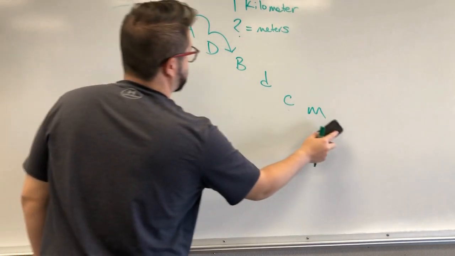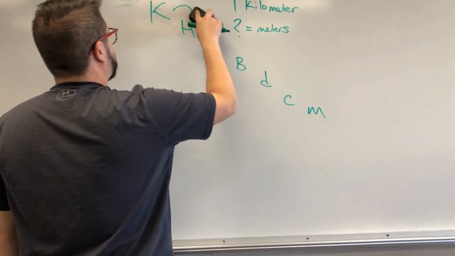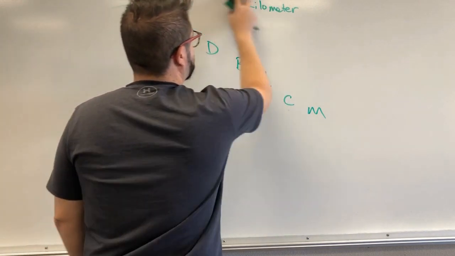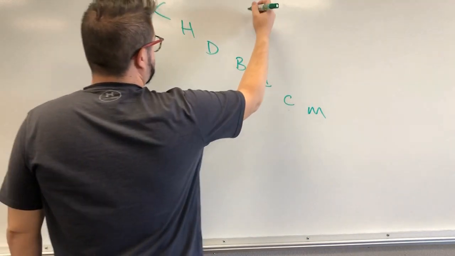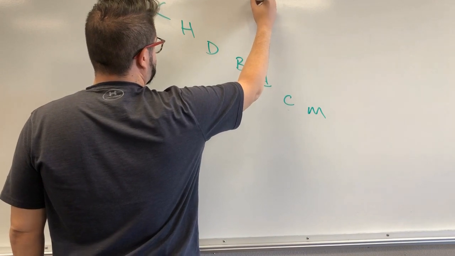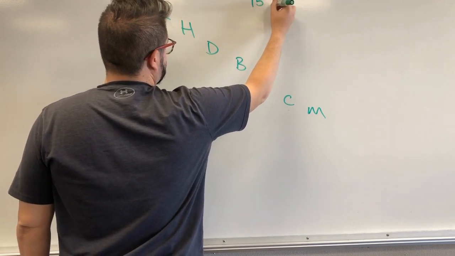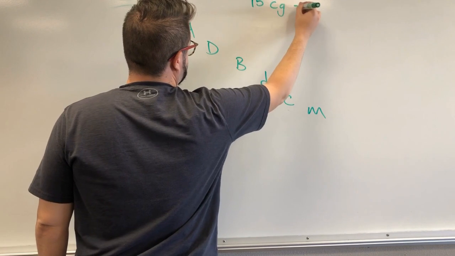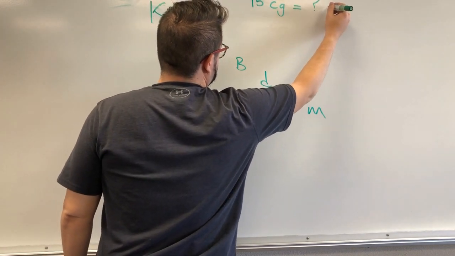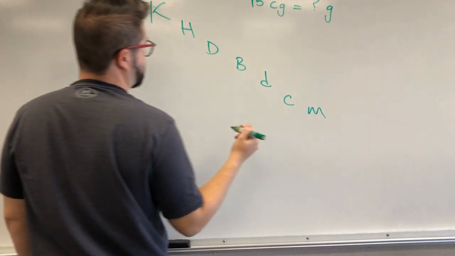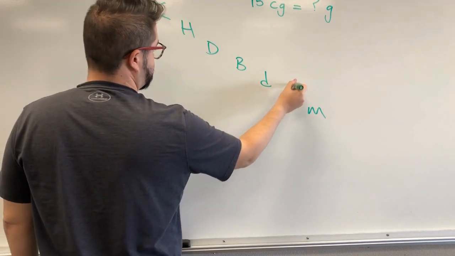Let's try that again with another example here. This time we'll go the other direction and see how you can move to the left on the scale. So let's take 15 centigrams and let's figure out how many grams it is. So we start with C, centigrams.